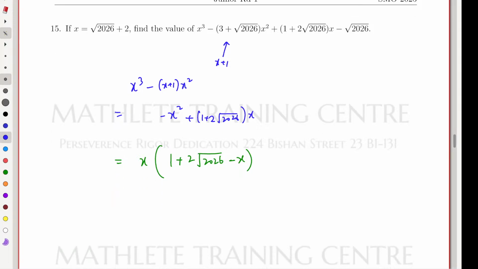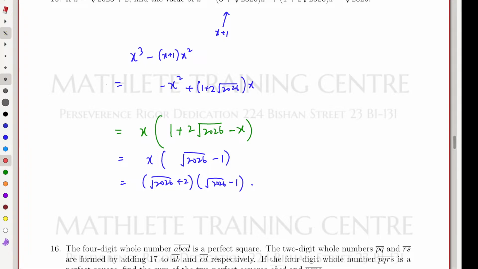And this is pretty nice because if you take a look at what this is going to be, x, and this thing minus x will be equals to, if you look at it, just square root of 2026 minus 1, right? So now, if you take a look at what this is, square root of 2026 plus 2, square root of 2026 minus 1.